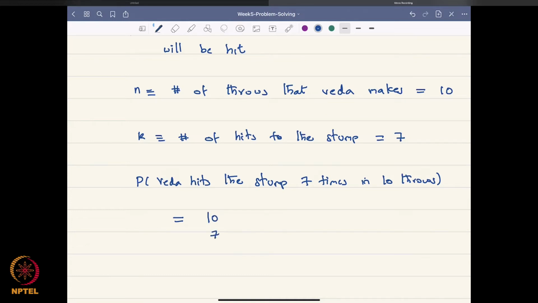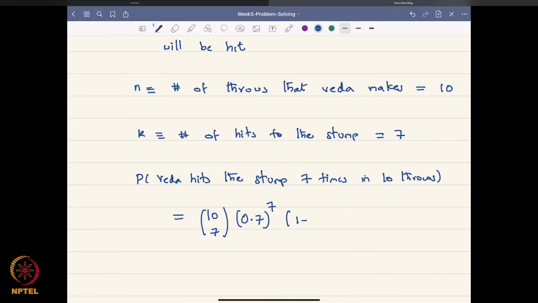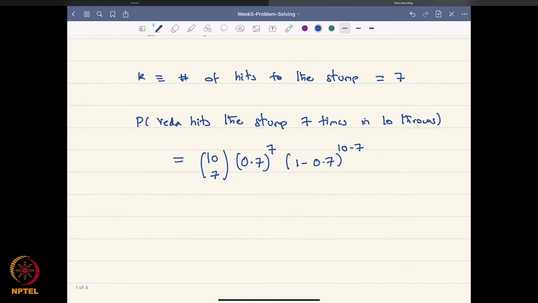In 7 of them you should hit the stumps, so the chance of success is 0.7 to the power 7. The rest you should not hit the stumps because you want exactly 7 hits. So it's 1 minus 0.7, that is 0.3, to the power 10 minus 7, and there are 3 throws. So it's equal to 10 choose 7, 0.7 to the 7, and then 0.3 to the 3.